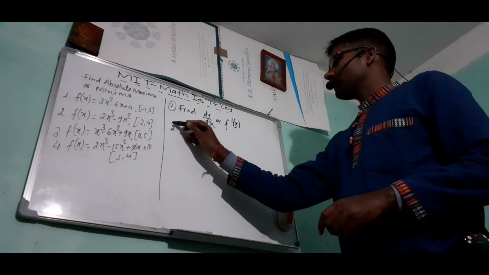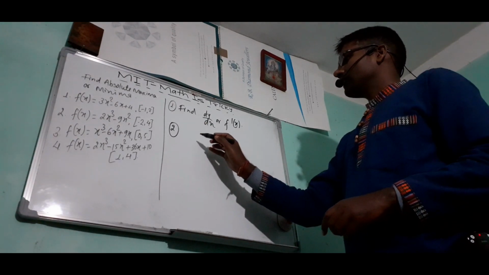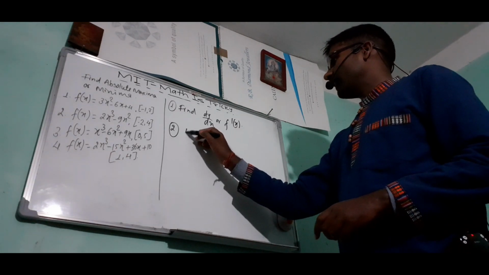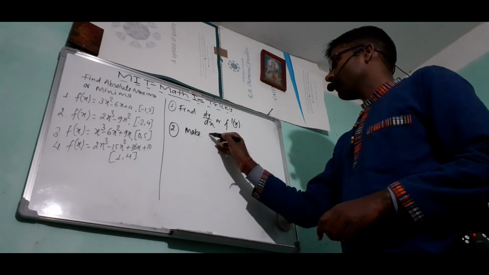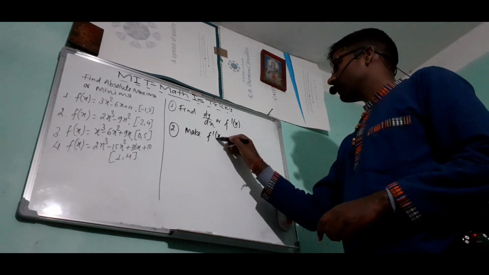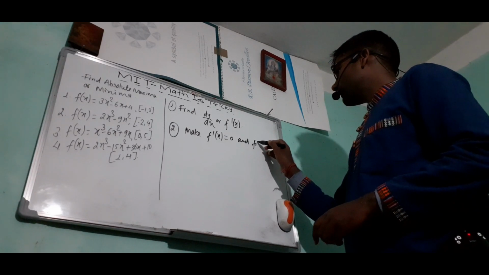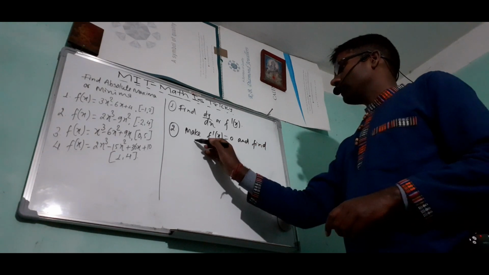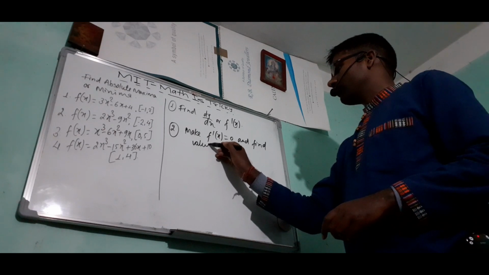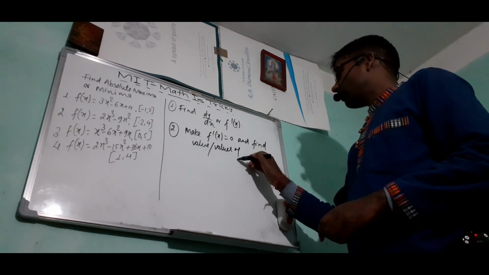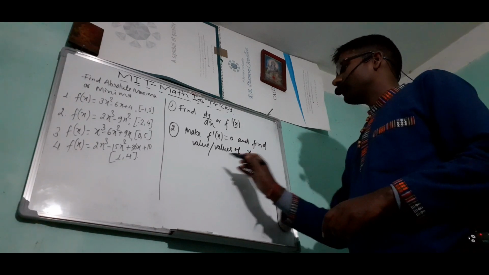Second step is to make f dash x equal 0 and find the values of x.